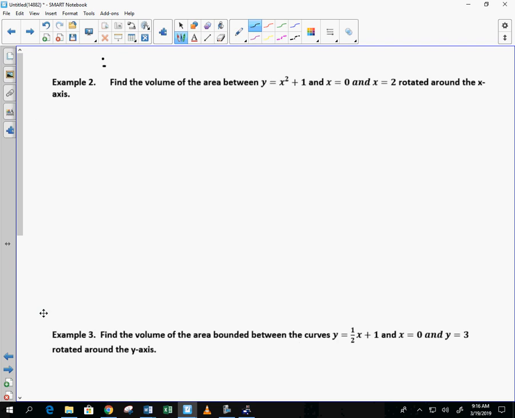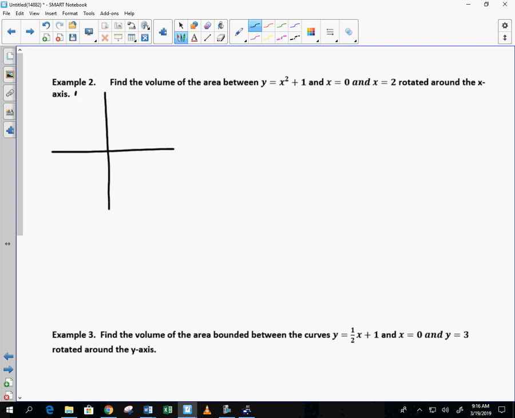Find the volume of the area between y equals x squared plus 1, x equals 0, and x equals 2, rotated around the x-axis. Okay. Get me started.